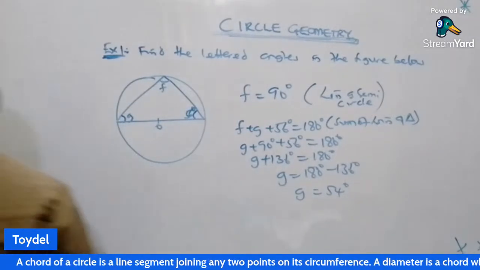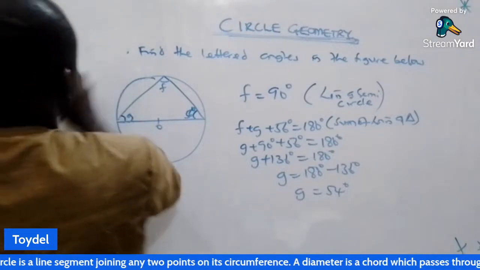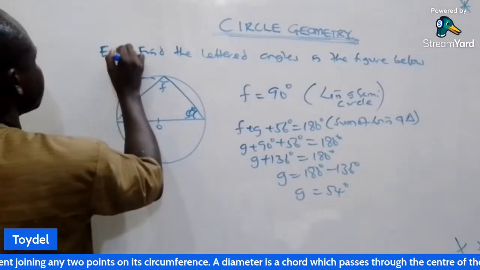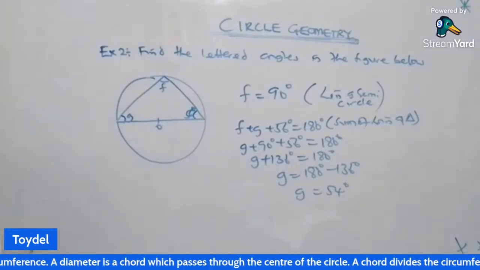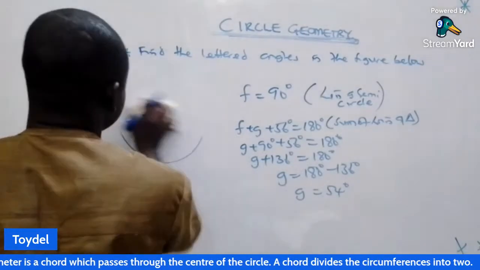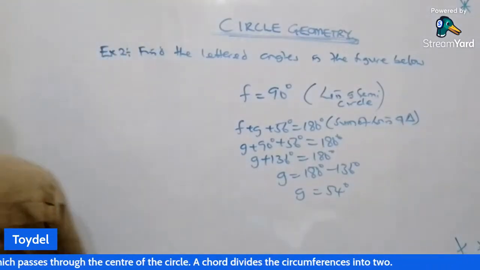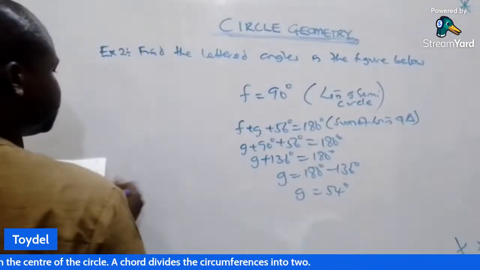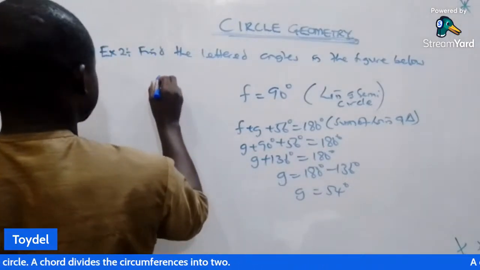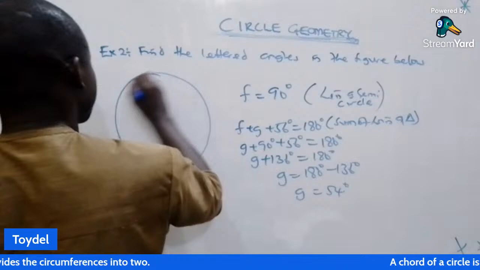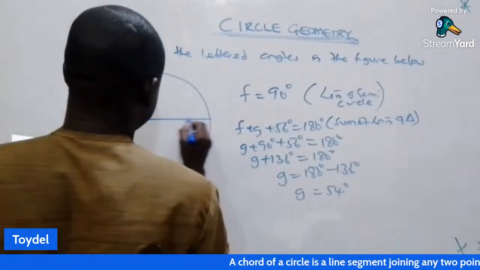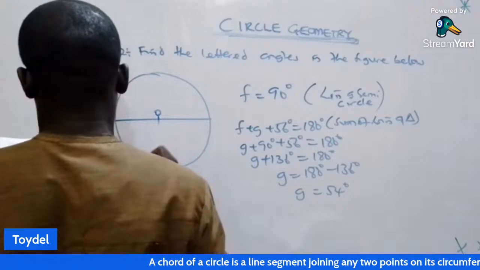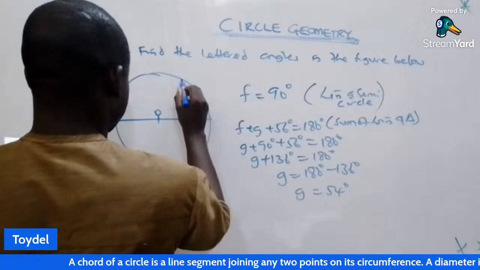So let's take one more example under this theorem 4: the angle in a semicircle is a right angle. Find the lettered angles in the figure below. So let's see the diagram. Here's another question. You have a diameter centered at O. This is another line here.